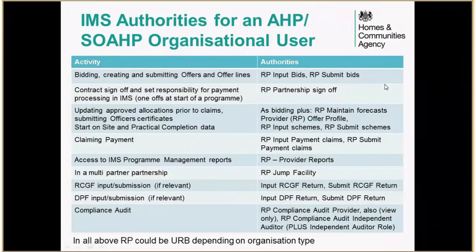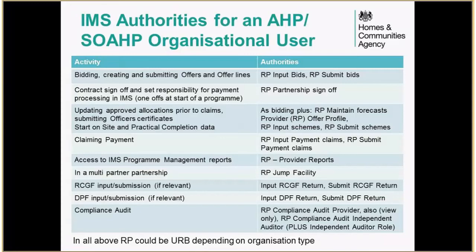But to change dates, they would need maintained forecasts, provider offer profile, because you don't change your offer lines once they'll be done. Everything is done within the profile part of the system. And then separately, there are input schemes and submit scheme authorities. Again, because you might want to split that responsibility out. In terms of claiming the actual payment on a scheme, there are two authorities for that: input claims and submit claims.